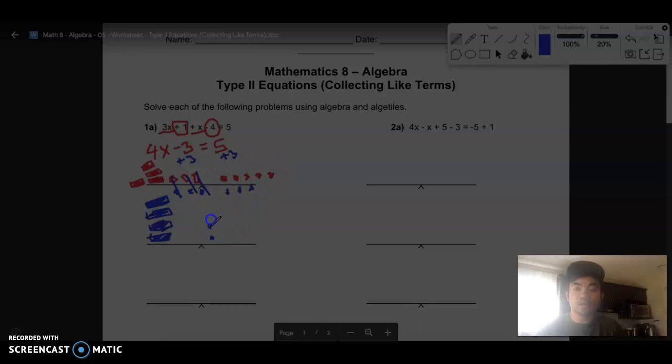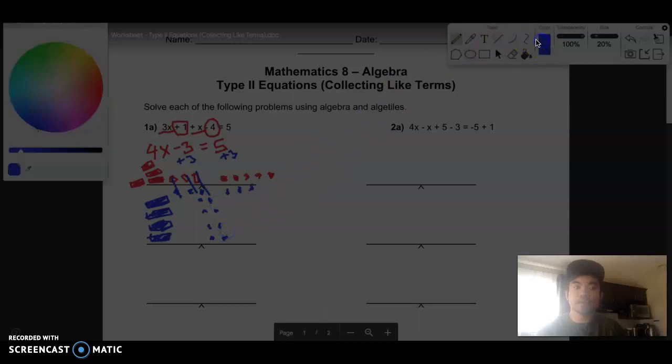And there you go. What is my answer? Well, my answer is going to be x equals positive 2.